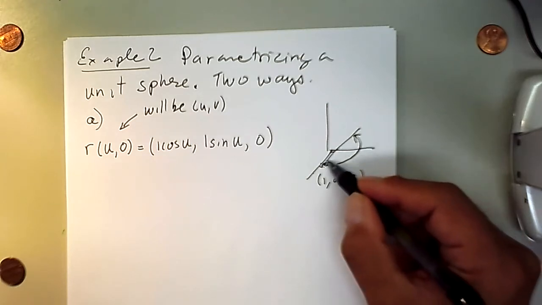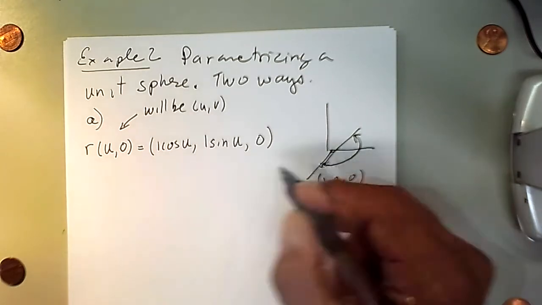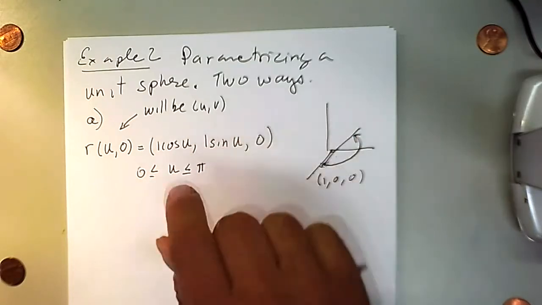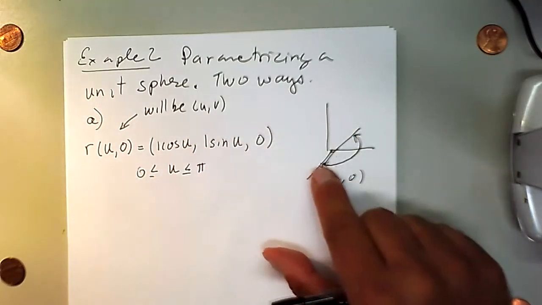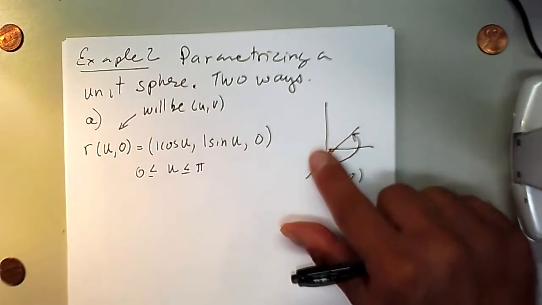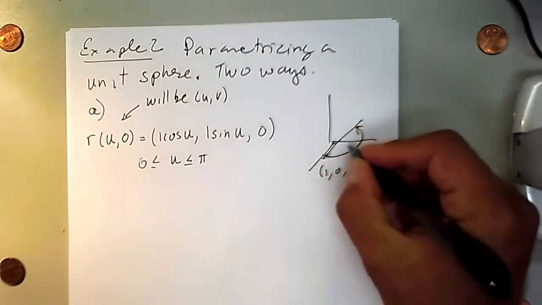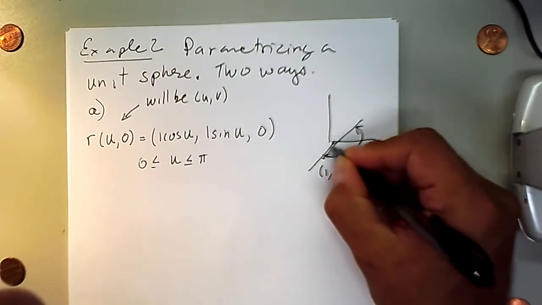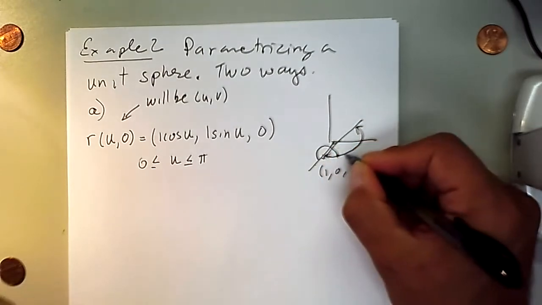Okay, so that creates, by changing u from 0 to pi, only half of the circle. We don't want to do the whole circle. Why not? Because now we want to take each one of these points and rotate them around the x-axis.